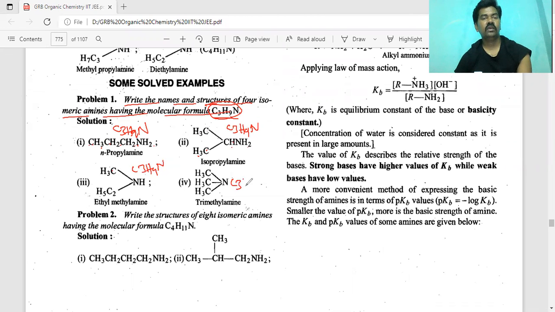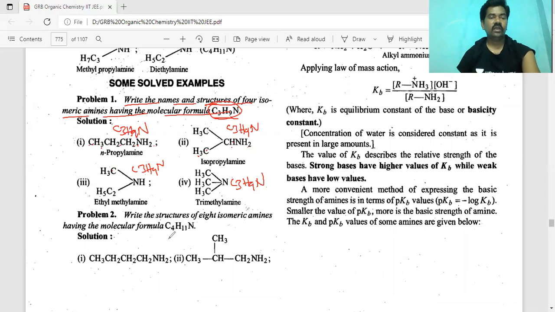Here also C3H9N. So these four compounds have a similar molecular formula, but the structures are different. Okay, so one is primary, then secondary, tertiary, like that.